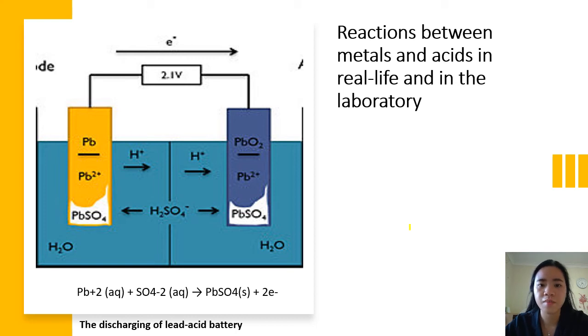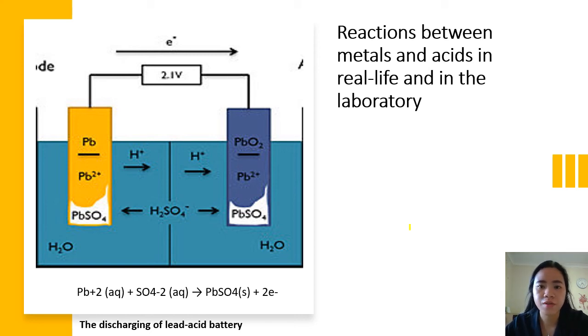The discharging of a lead-acid battery is a redox reaction which converts chemical energy into electrical energy via the reactions of lead, lead dioxide, and sulfuric acid. The battery has two electrodes, the anode electrode and the cathode electrode. The reaction between metal and acid occurs at the anode electrode.